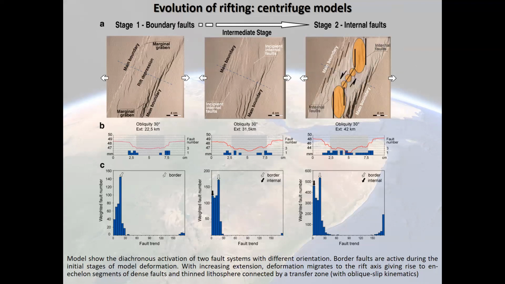In this case, the internal faults form en echelon segments of dense internal faults, which are connected by a transfer zone characterized by oblique slip kinematics, so a component of transcurrent motion in between these two internal faults, which are orthogonal to the extension vector we have imposed on our models.